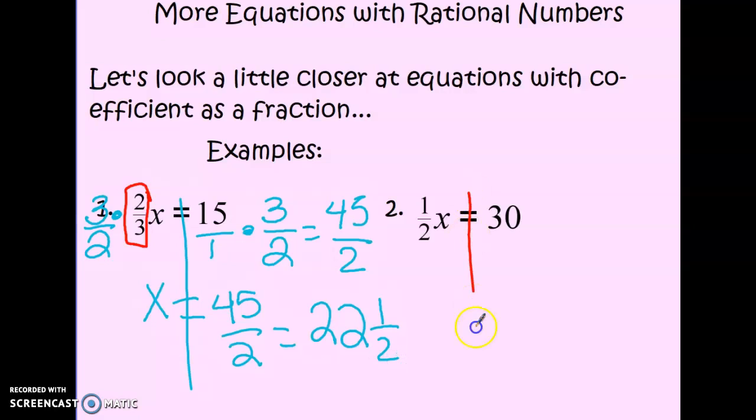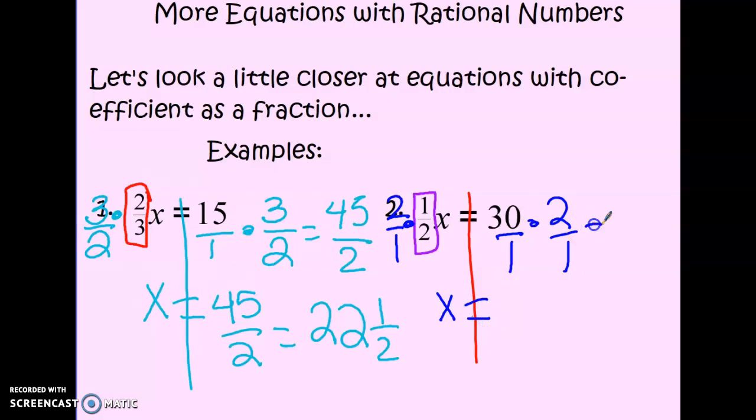We've got 1/2 times x equals 30. Again, I am multiplying here by 1/2. So I can multiply by the reciprocal. Okay, do it to both sides. That's going to leave me with x.